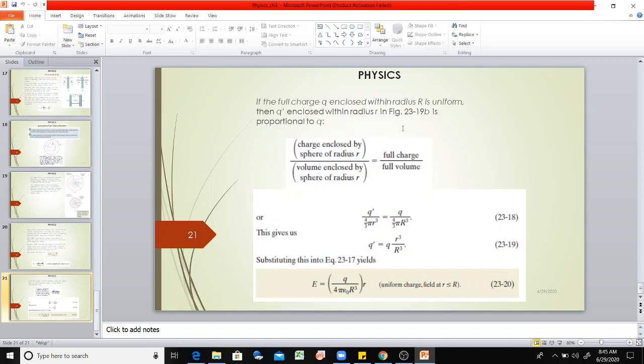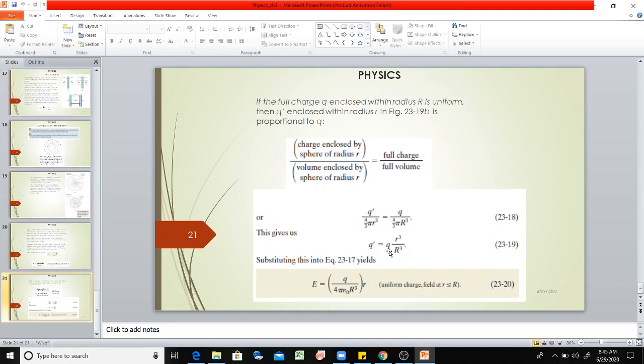So the ratio remains the same. So we put Q prime over 4 by 3 pi r cube, the volume of the sphere, where Q prime is the charge enclosed by that sphere, equal to Q over 4 by 3 pi R cube, the full charge over the full volume of the sphere. So from here you can calculate Q prime equal to Q into r cube over capital R cube.